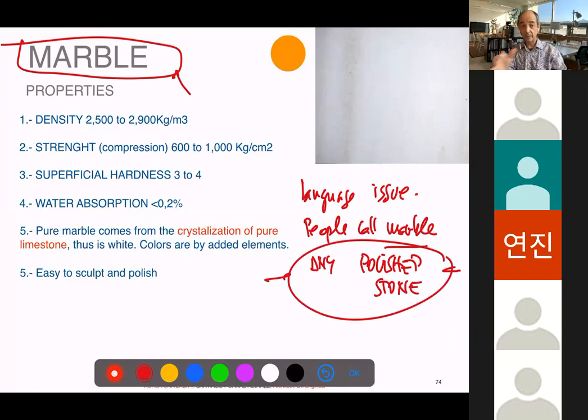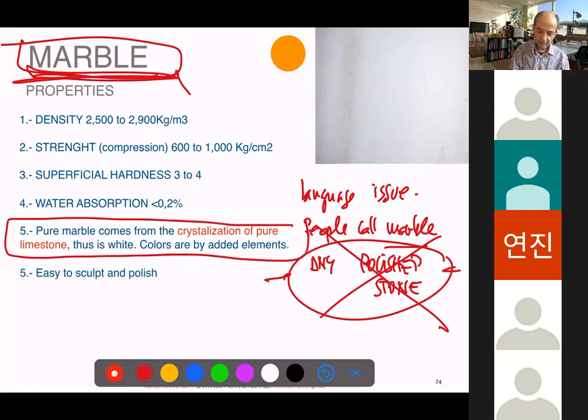If it is polished, it's marble. Please don't do it. Marble is only this kind of stone. It is just a pure limestone crystallized, right? And depending on the minerals, again, the color may change. But this comes from limestone, calcium carbonate, as we said before.